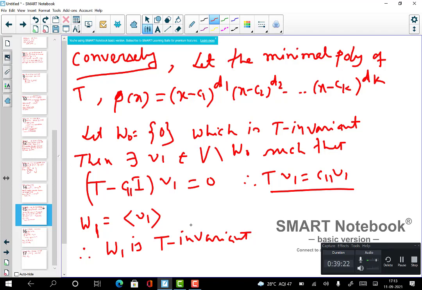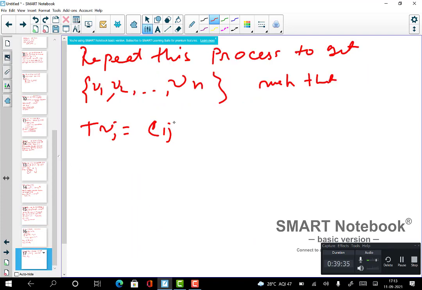So these c11, c22, c33 are the diagonal elements, and those are actually your eigenvalues. So T vj equals c1j v1 plus c2j v2 and so on, plus cjj vj, and this is true for all j between 1 and n.